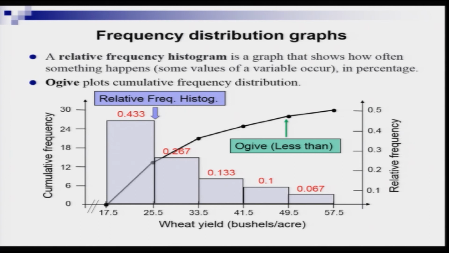Now, let us look at another type of diagram, called an ogive, or sometimes cumulative frequency polygon as well. So, what is an ogive? An ogive plots the cumulative frequency distribution of the numerical or quantitative variable.